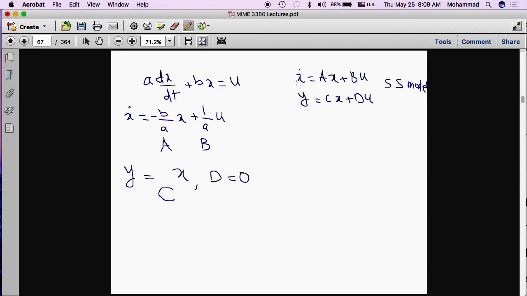So in order to have the first part of the state space model, we need to have A and B, which are in general matrices. And we haven't talked about that, but the dimension of those matrices matches the order of the system. And I'll bring that up again. Now, the second portion of the state space model basically identifies the output as a function of the state vector.